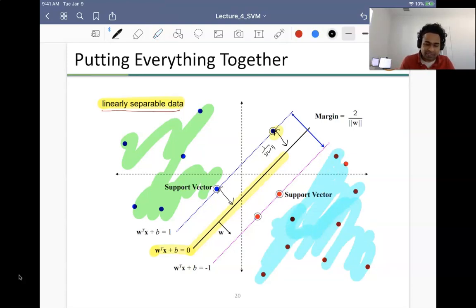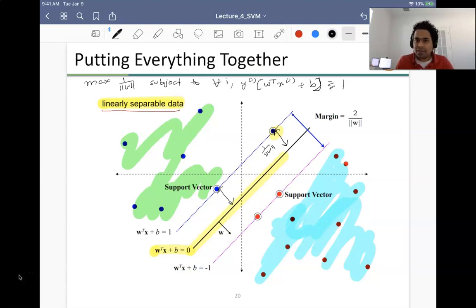You can write this as maximizing 1 over the norm of W, subject to the constraints that for all i, y of i multiplied by W transpose Xi plus B is greater than or equal to 1.